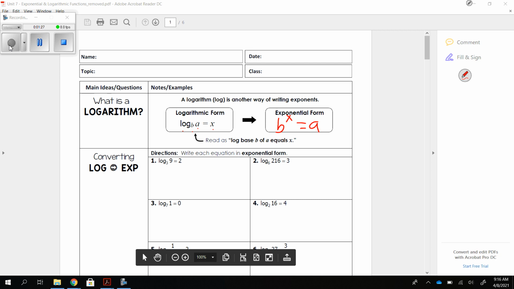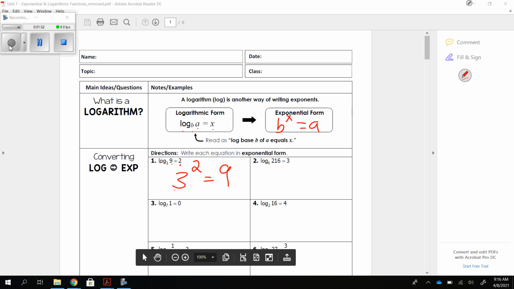So log 3 of 9 equals 2, we just write it as 3 squared equals 9. Log b goes right there, to the power of 2 equals this 9. That's all we're doing.